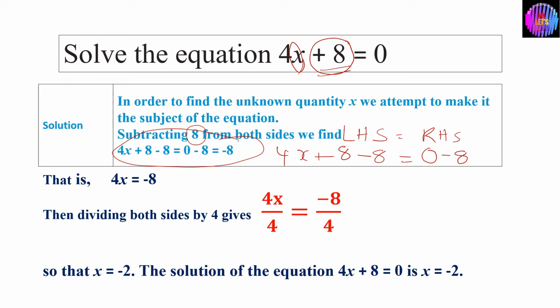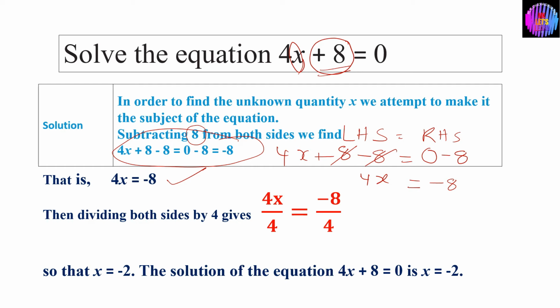Then plus 8 and minus 8 will be cancelled. Here 4x will be in the LHS. Under RHS we get minus 8. So that is 4x is equal to minus 8.